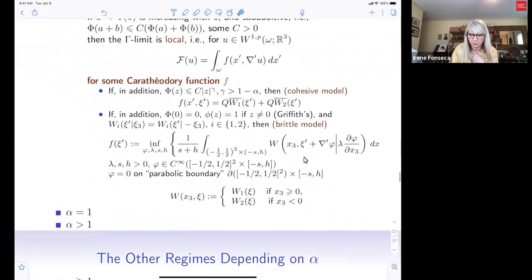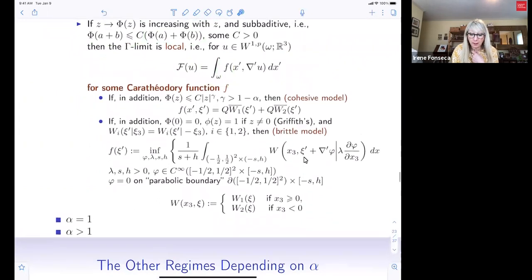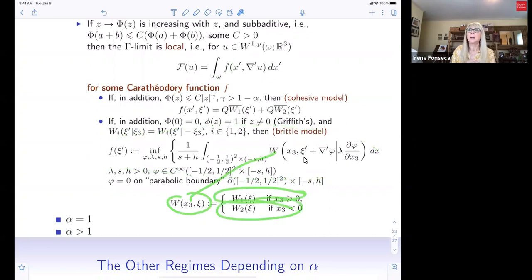And so there are different formulas for f. I don't expect you to read through these. It's pretty messy. Look at these. It's really messy, but we know how it looks like at the end of the day. So there's a recipe to compute this new integrand, depending on what you see. This W here reflects what W1 and W2 look like.